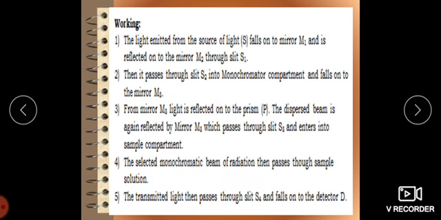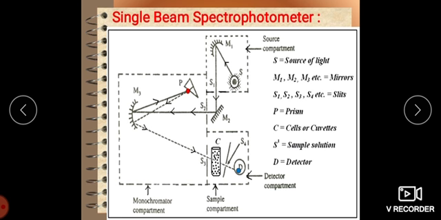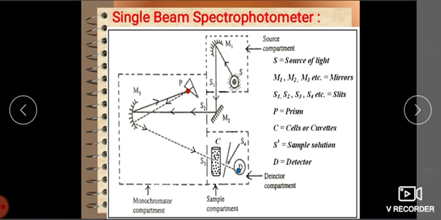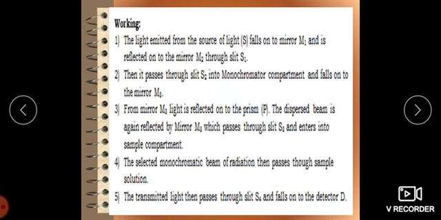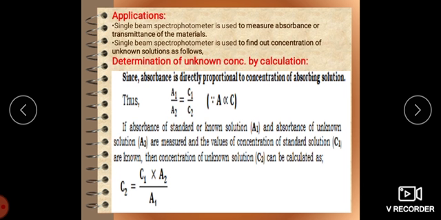Working we have seen. In this case, light emitted from the source passes to the mirror M1, again to the mirror M2. The same mechanism takes place. We get the signal, and the signal is obtained on the meter in the form of a spectrum.